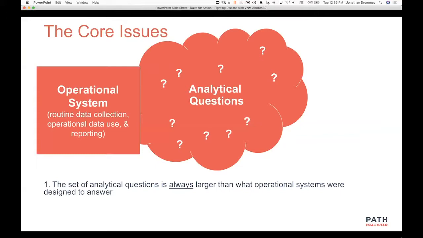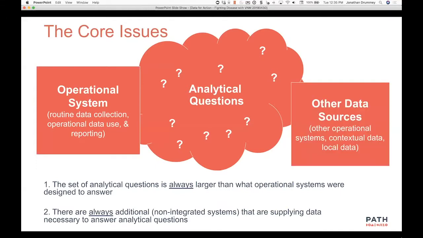So there's the separation here, and then there's always additional systems with other data sources that users want to work with. So in that environment, an integrated system is never going to be able to always answer every question people have with their data.